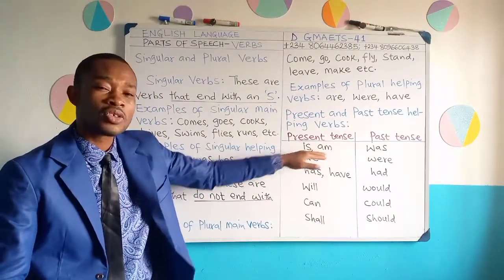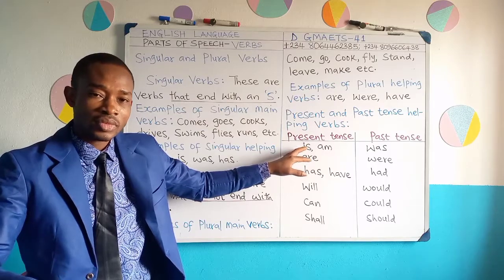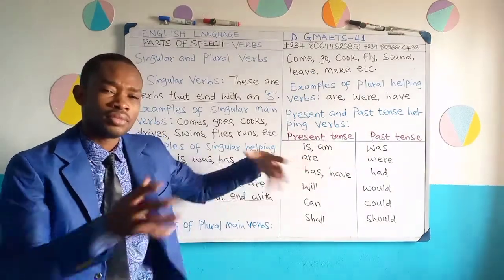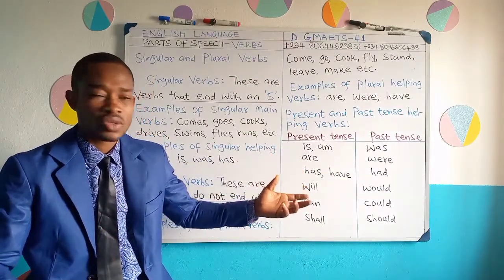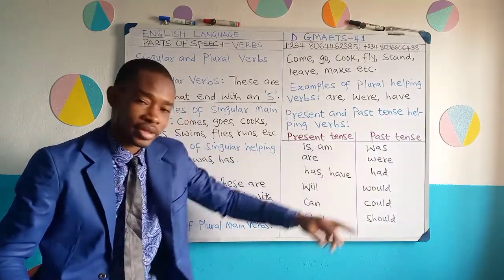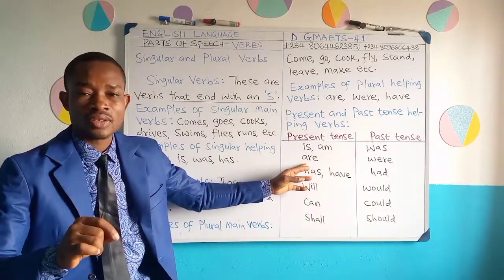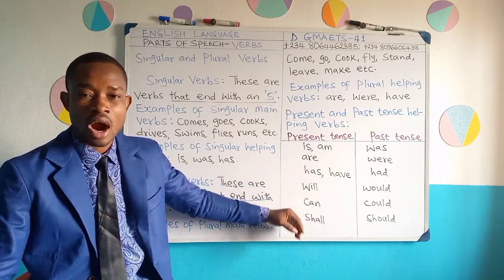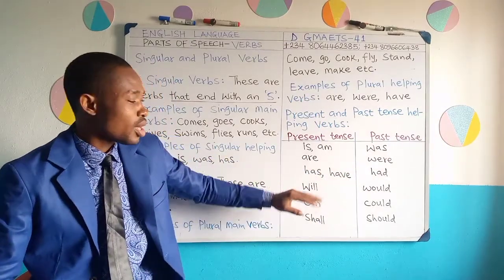They are examples of present tense auxiliary verbs. Now, what is the past tense of is and am? The past tense is was. Then we have are. Are is a present tense auxiliary verb. What is the past tense of are? Were. Were is the past tense.